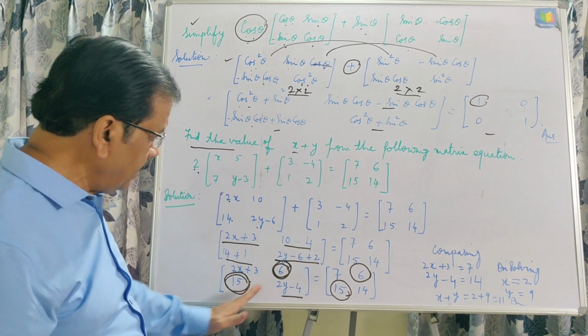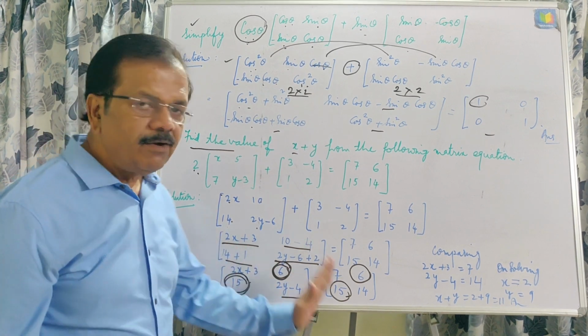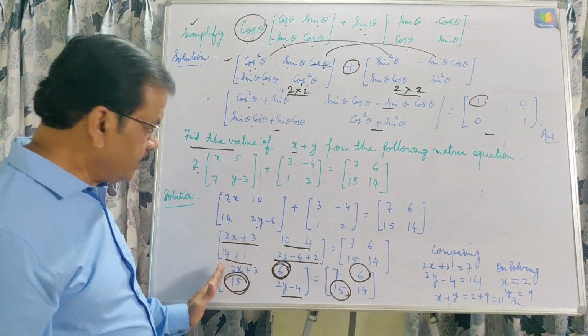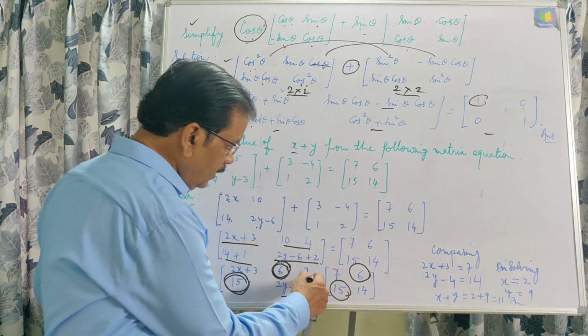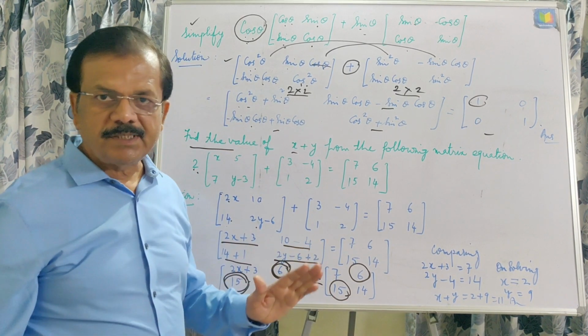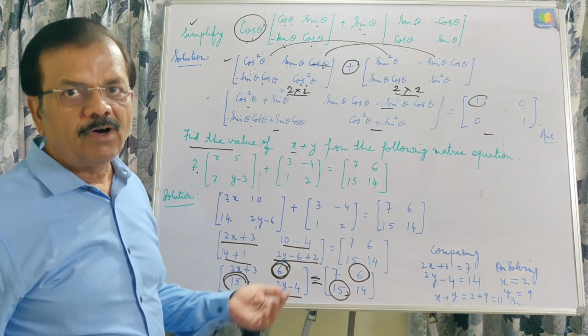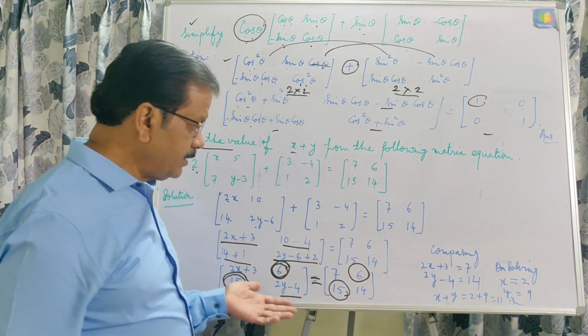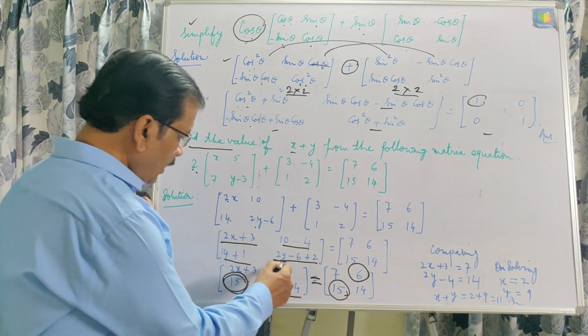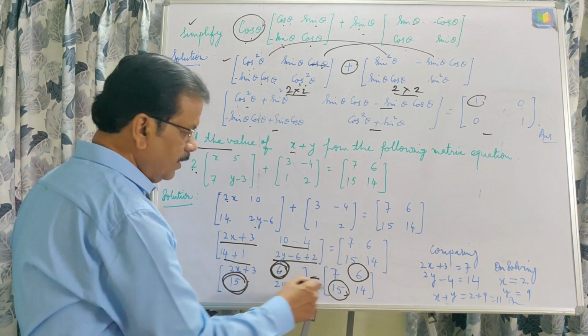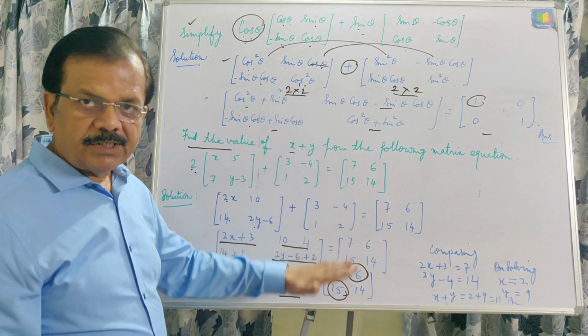If you are not getting it this way, we cannot say that these two matrices are equal, meaning there is a mistake in the question or by the student. That is why this equated to this, meaning our calculation is correct.